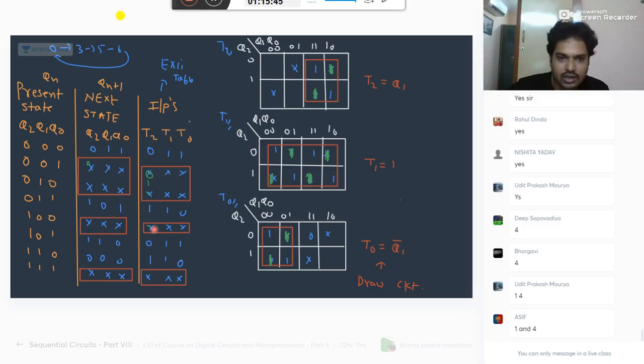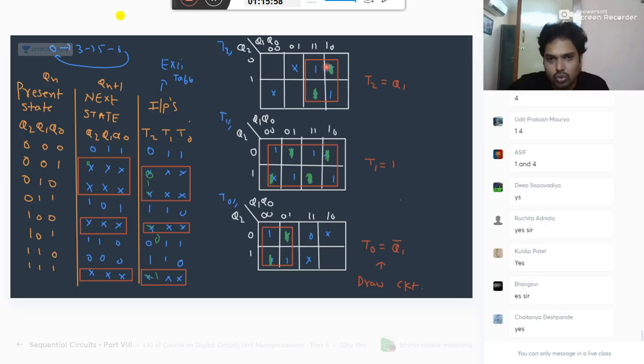Again, 4 is neglected. 5, 6, again 7 is considered as 1. You accept this or not? You understand this? From this table, 2 and 7 are made equal to 1. 2 and 7 are made equal to 1. Remaining I made equal to zeros.